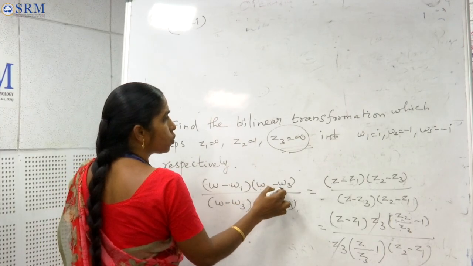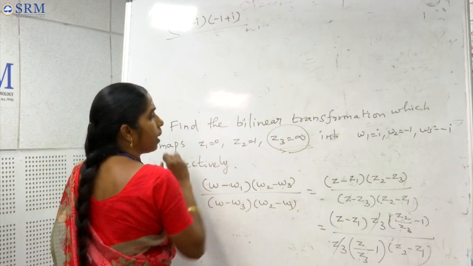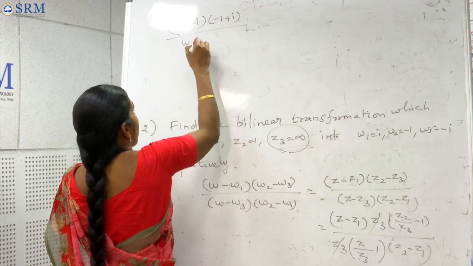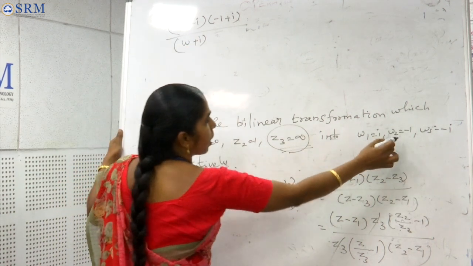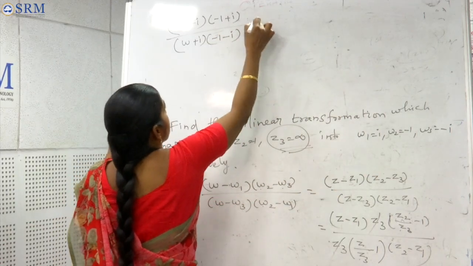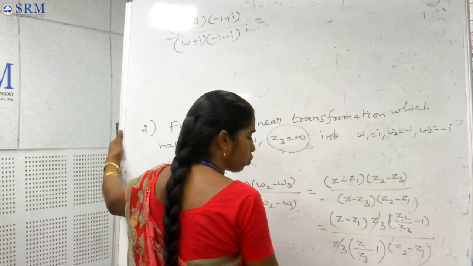W2 minus 1 plus i divided by W minus W3, so W plus i, W2 minus W1. So minus 1 minus i, minus 1 minus i is equal to Z minus Z1, that is cancelled now, minus 1 minus 1.